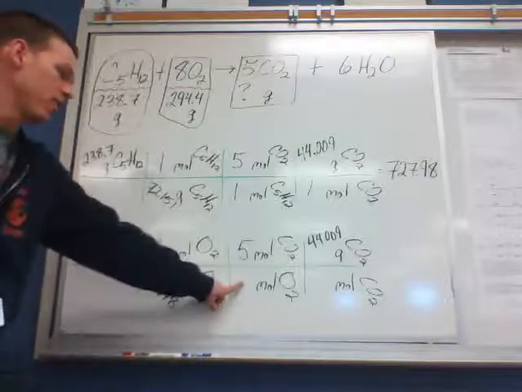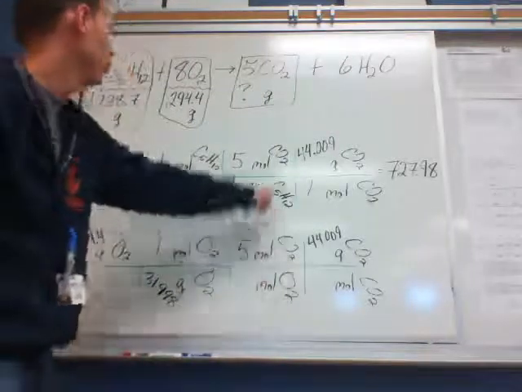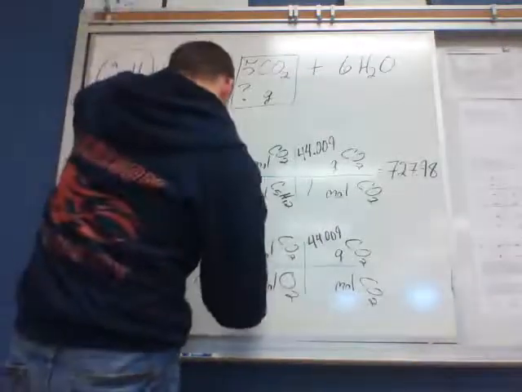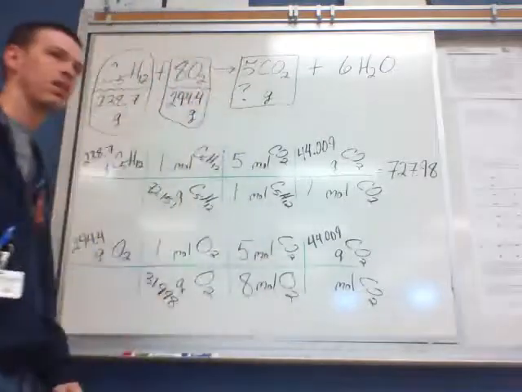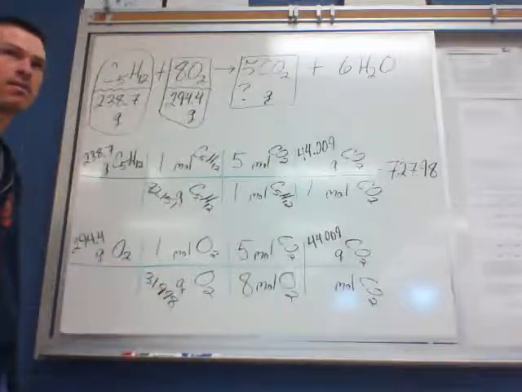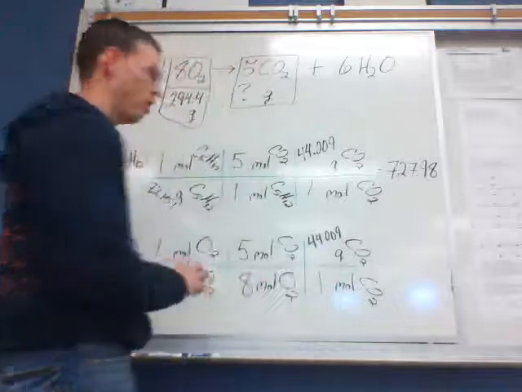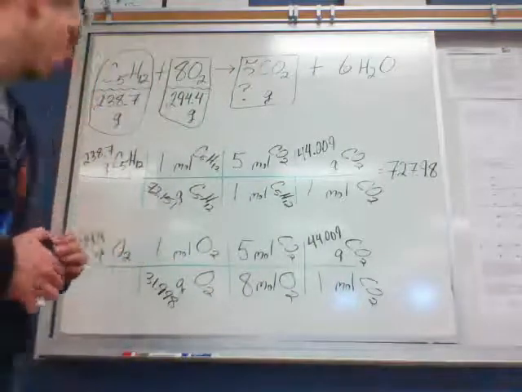This wants the coefficient of O2, which is an 8. And then this one, just like that one, is still a 1 in one of my unknown squares.